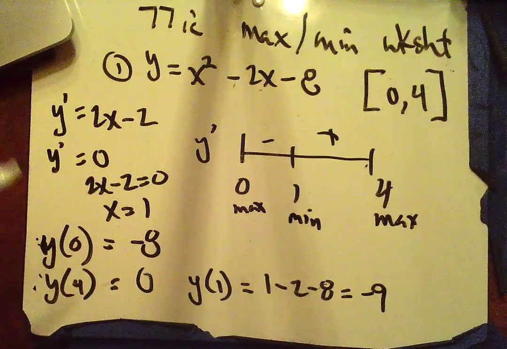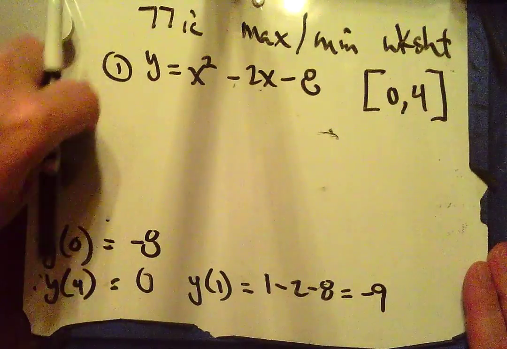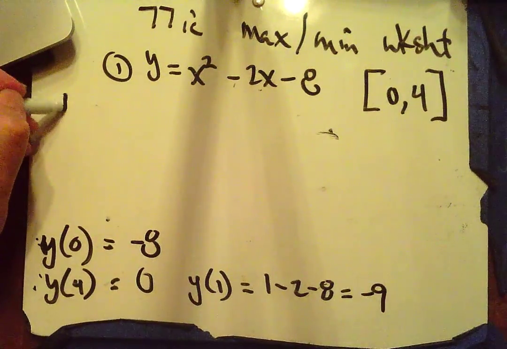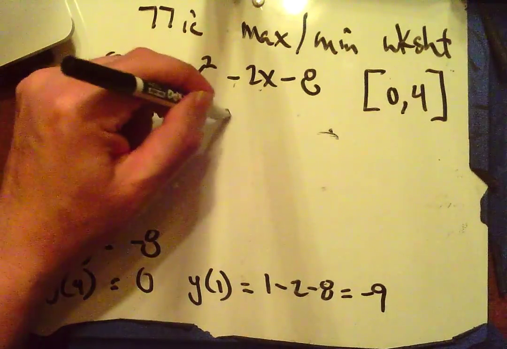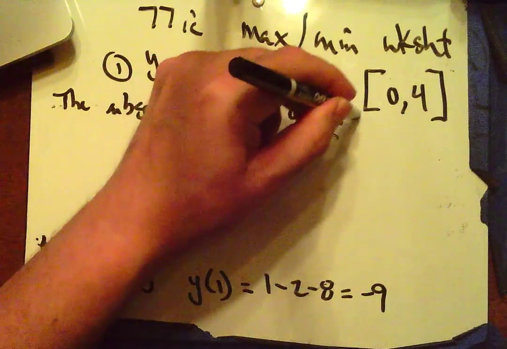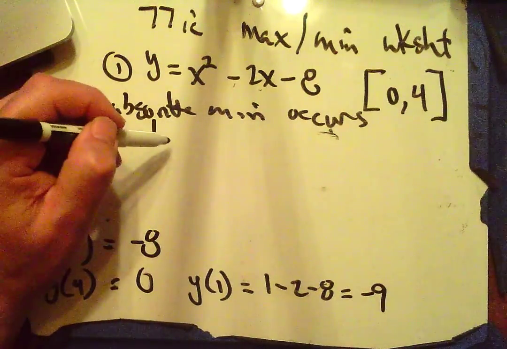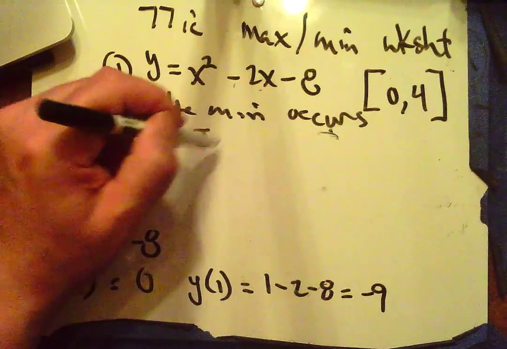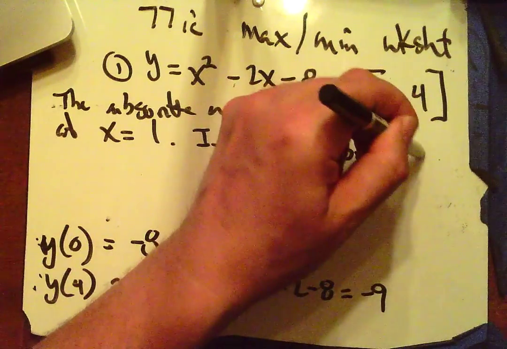Don't forget, you have to write your justification sentences for these. So, the absolute min occurs at x equals 1. It is the only min.